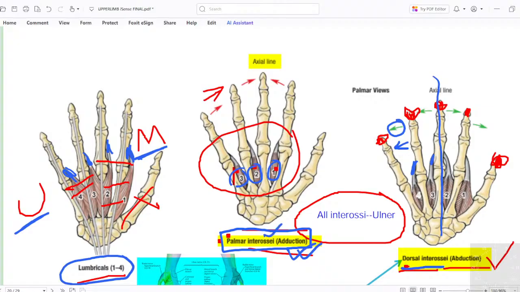Both palmar and dorsal interossei are all supplied by the ulnar nerve. So remember, adduction of the finger is by the ulnar nerve.